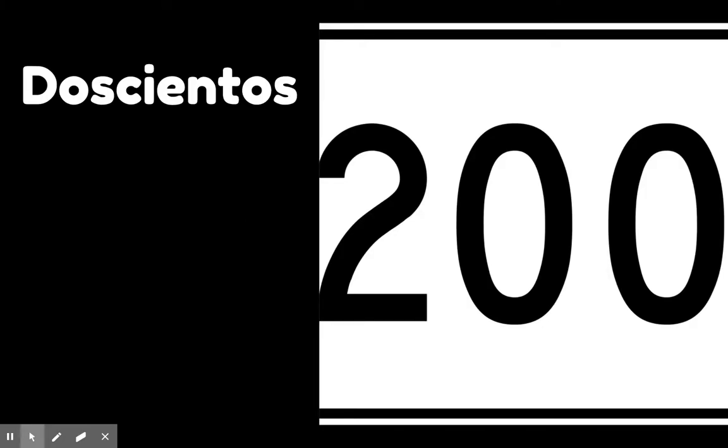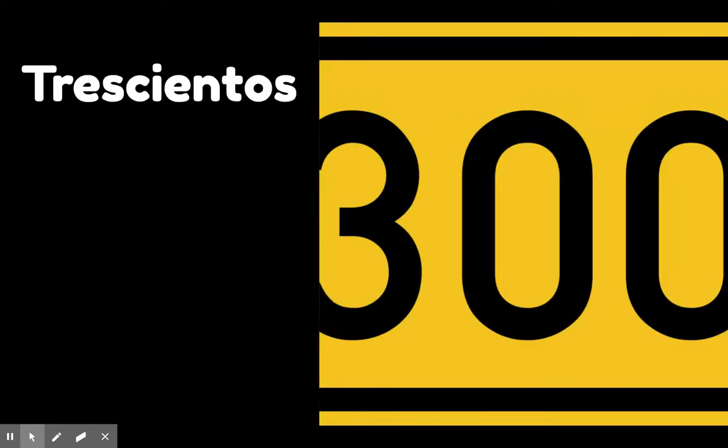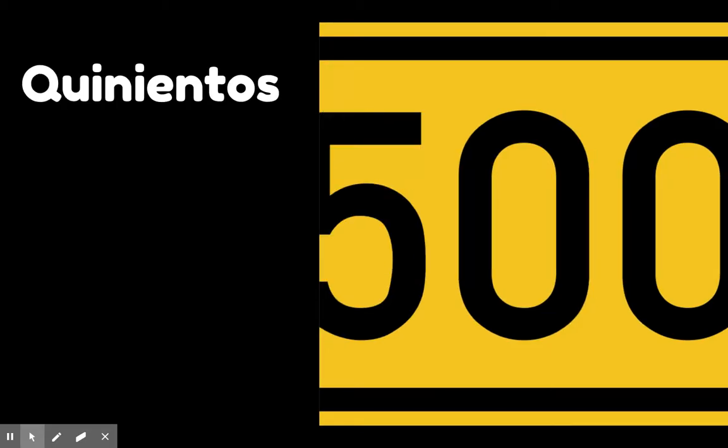200 is one word. 300, one word. 400 is the same. 500 is unique.